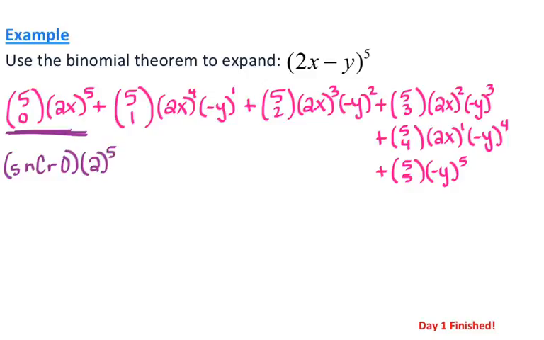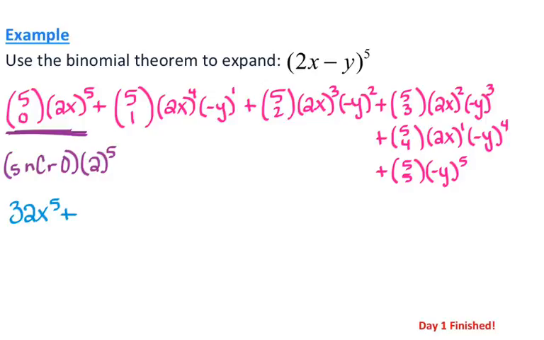That way I don't have to simplify towards the end. So for this first term, I have 5, I'm going to hit math, move over to PRB. So 5 choose 0 times 2 to the 5th. And that gives me 32x to the 5th.